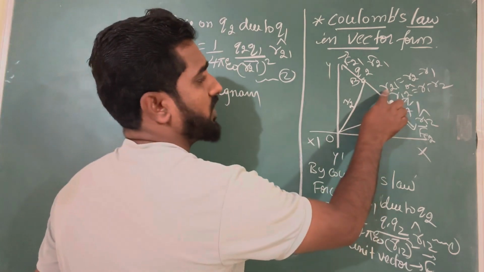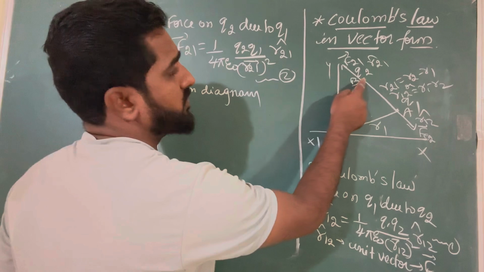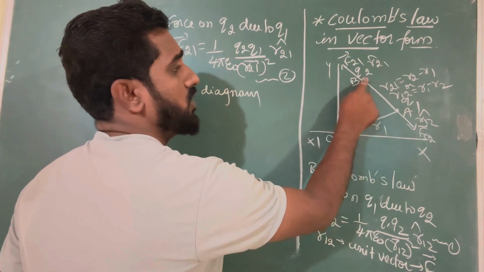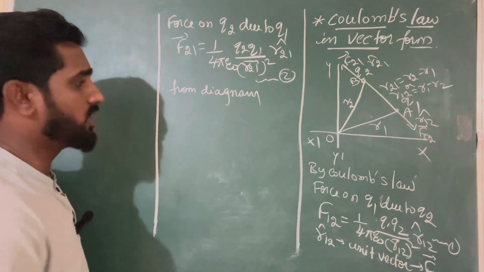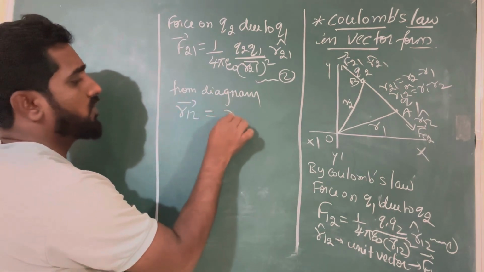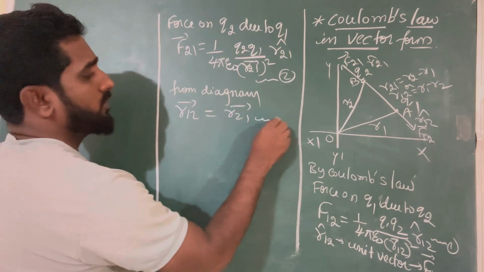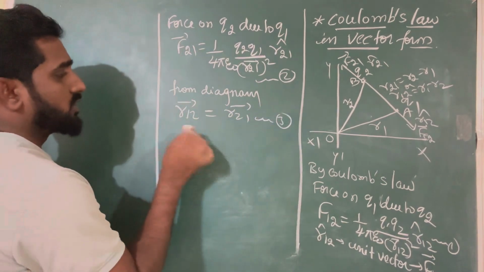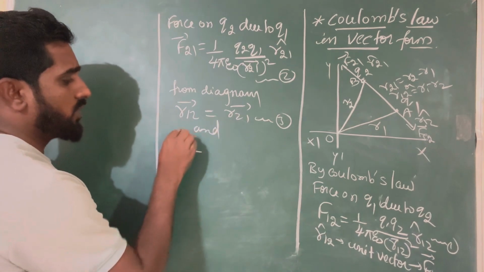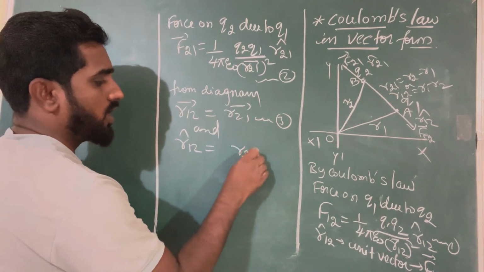From the diagram, the displacement vectors r12 and r21 are the same. Why? Because from charge q1 to q2 the displacement is the same. So can I write the r12 vector is equal to the r21 vector? This is my equation number 3. And you can see that the r12 cap is opposite to the r21 cap.